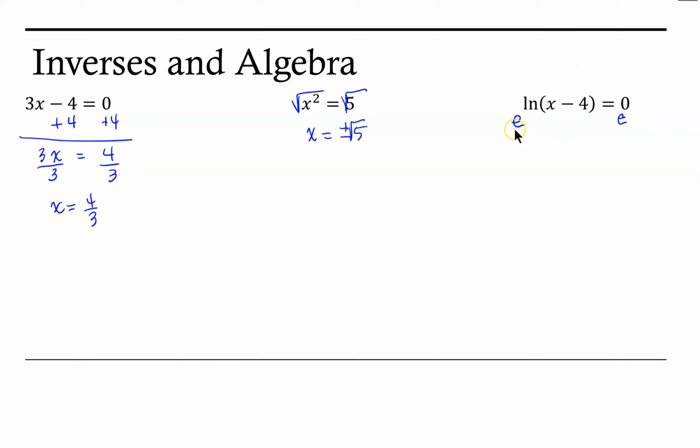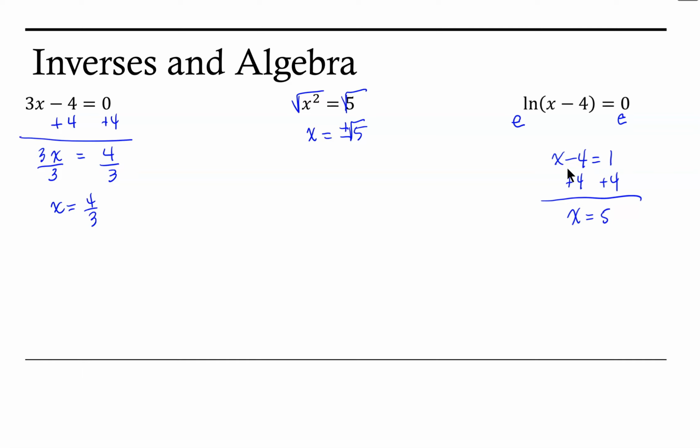Since the exponential function base e and the natural log function are inverse functions, we end up with x minus 4 equals, and then e to the 0 is 1. At this point, we could use the inverse of subtraction, which is addition. So add 4 to both sides, and we get x equals 5.